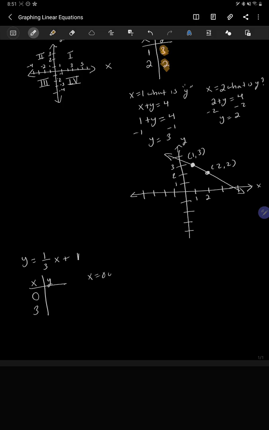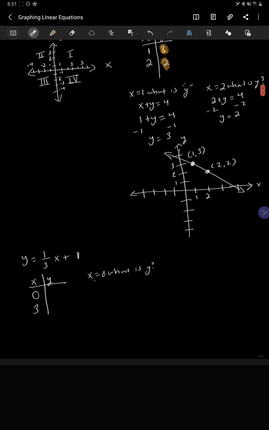So let's see. When x is equal to 0, what is y? So we got y equals 1/3 times 0 plus 1. Y is equal to 1. When x is equal to 3, what is y?